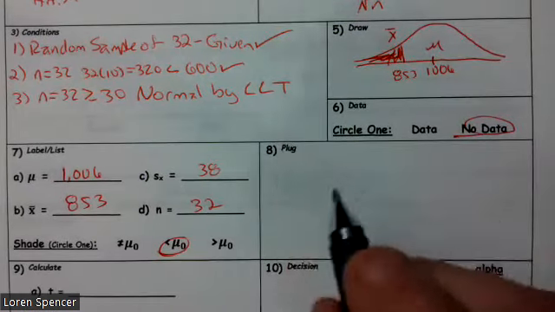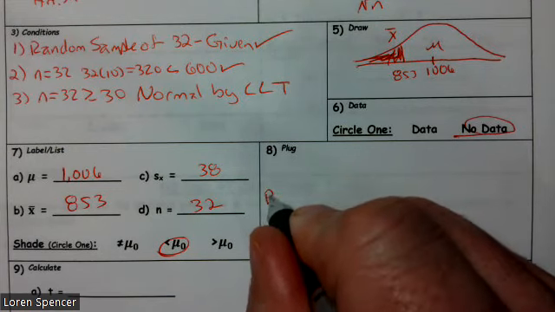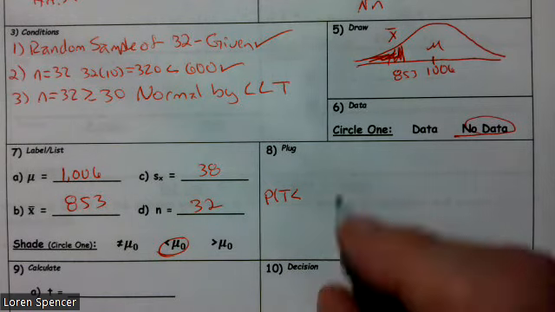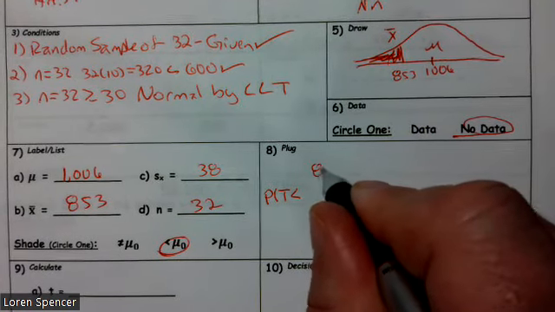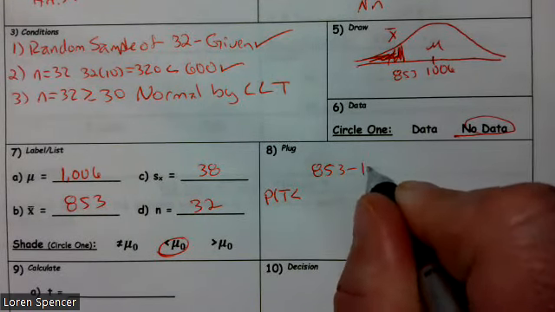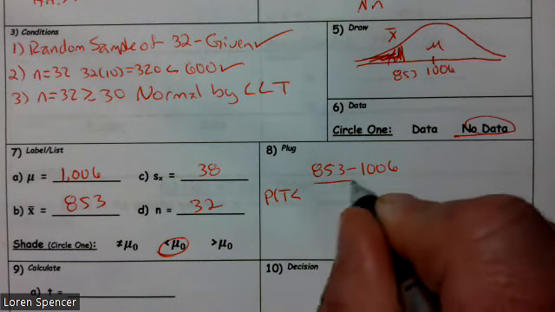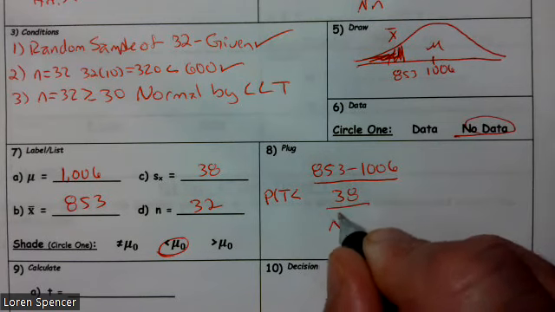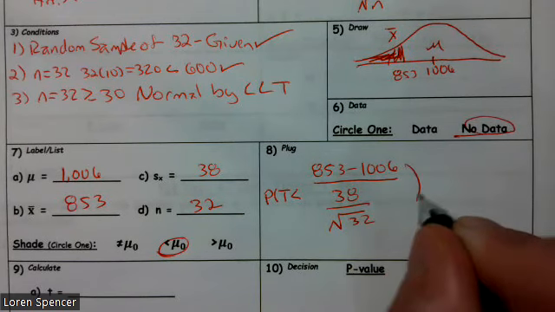So now we need to plug into our formula. So our probability that t is less than 853 minus 1006 over 38 divided by the square root of 32.